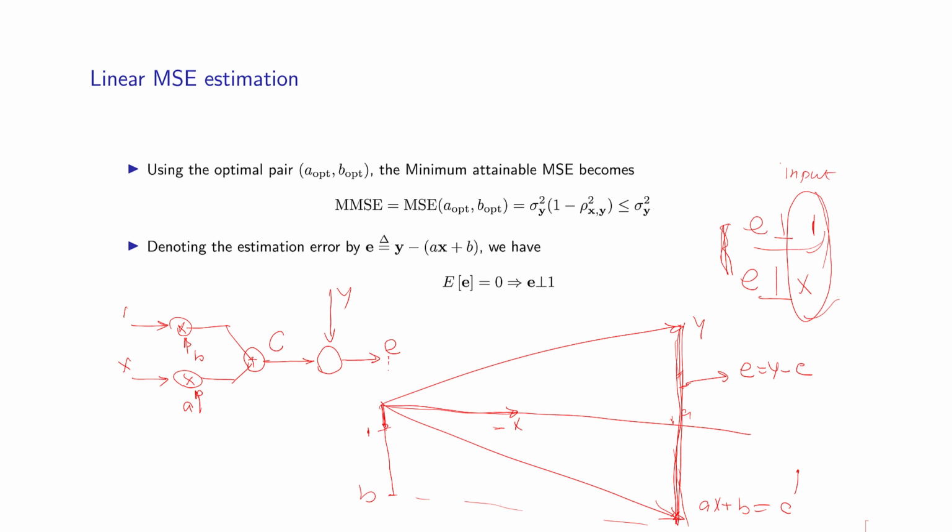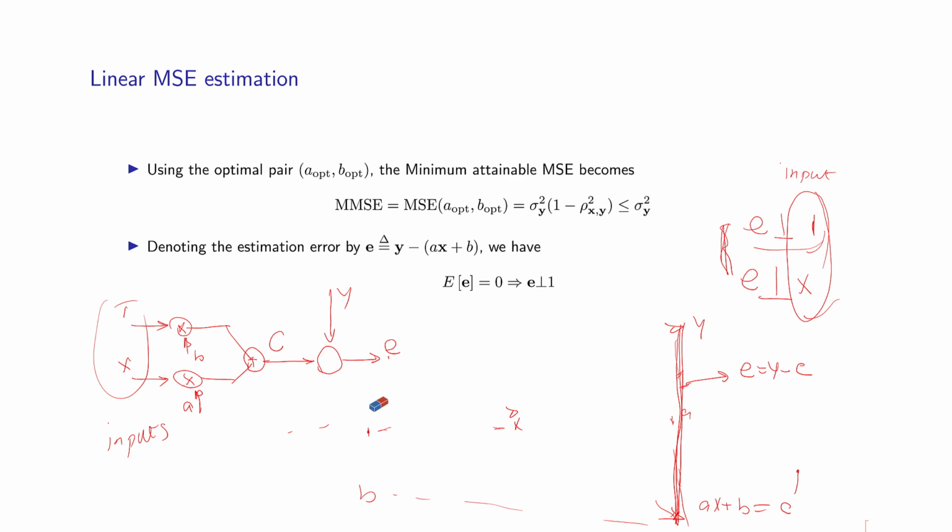When this output error is orthogonal to these inputs, we know that this estimator is optimal. In practice, quite often they look at this error and tune these coefficients in order to make this error orthogonal to the input, or minimize the energy of this error.